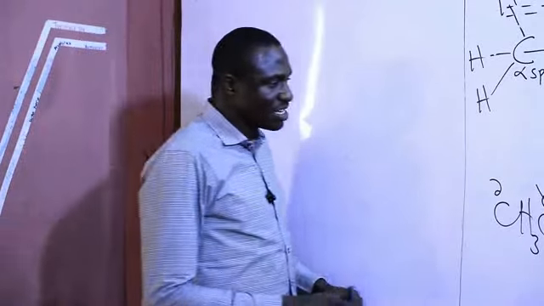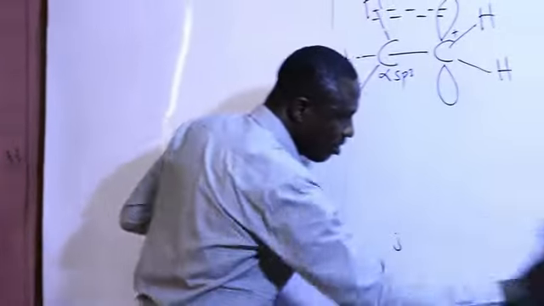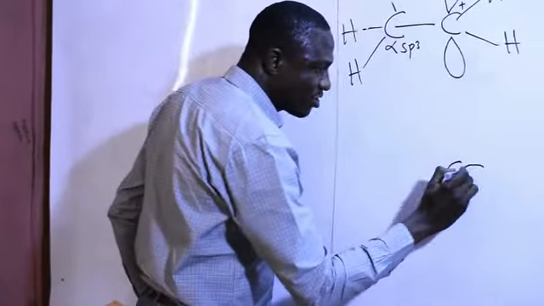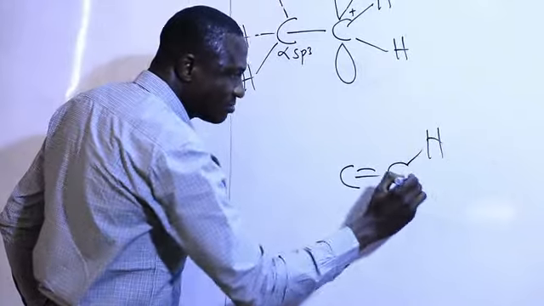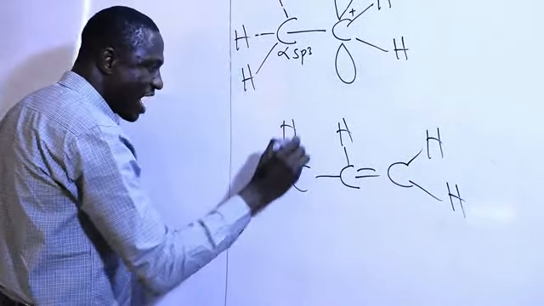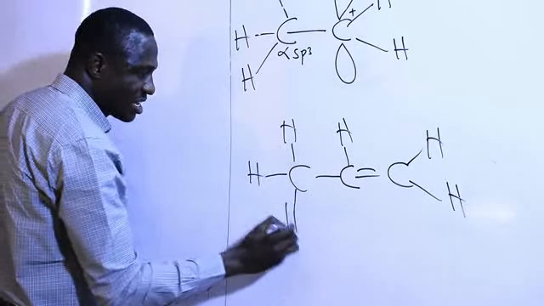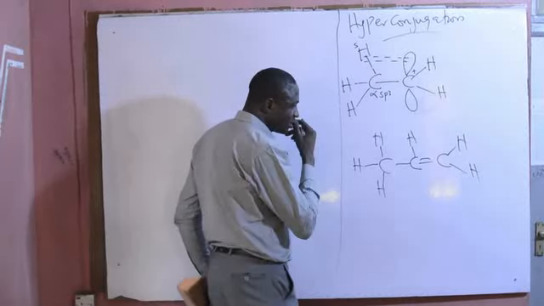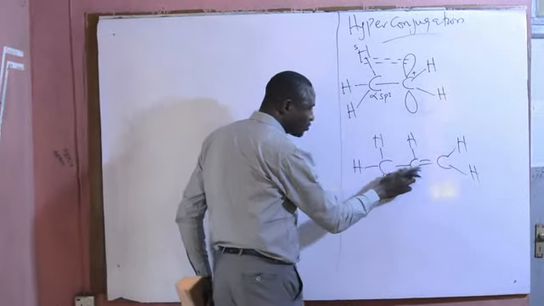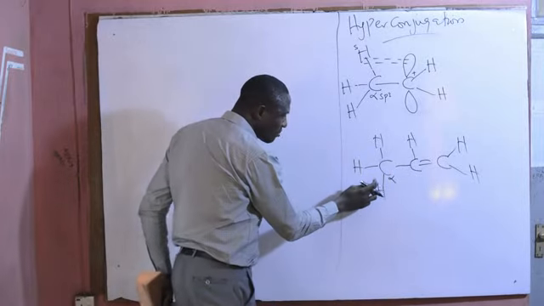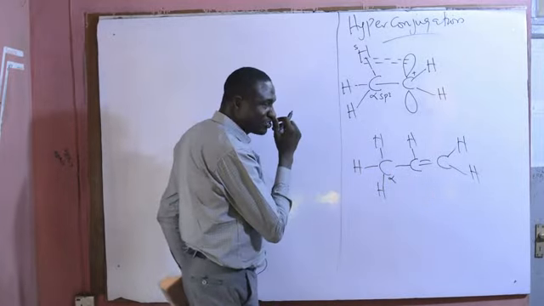So here, the other type of this effect is what you have in a pi system. Take for instance, you have something of this nature. Then there are three alpha hydrogen attached to this carbon next to the carbon atom with the double bond. So this is an alpha carbon to this carbon, and this carbon also has three alpha hydrogen.